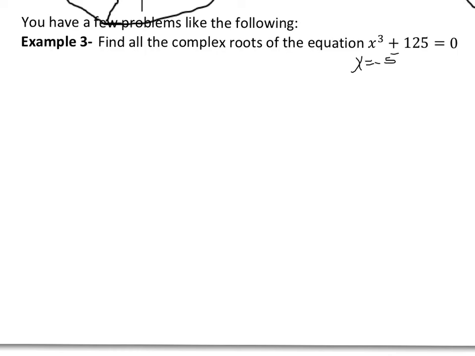But now we're just going to put that off by itself. Now we need to see how to convert this. So we get x cubed is negative 125, and that's going to be our modulus.